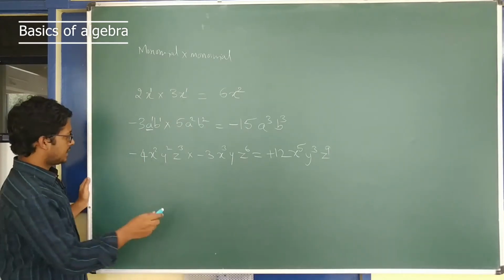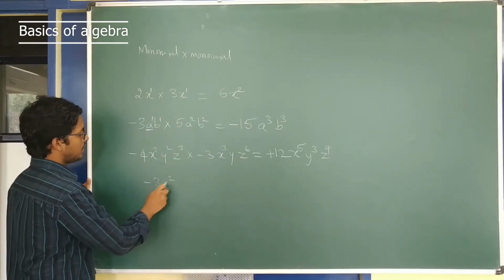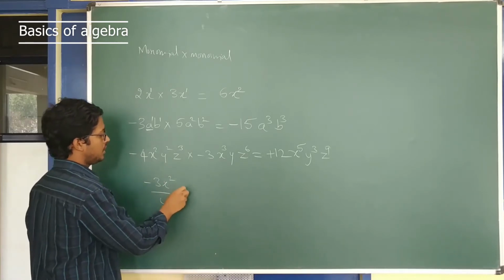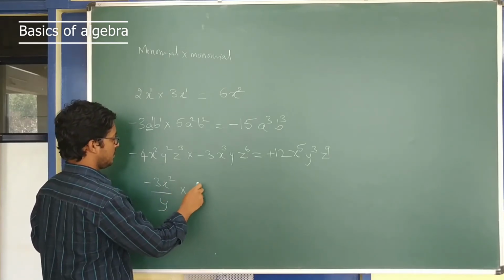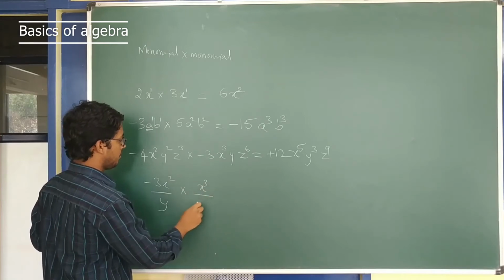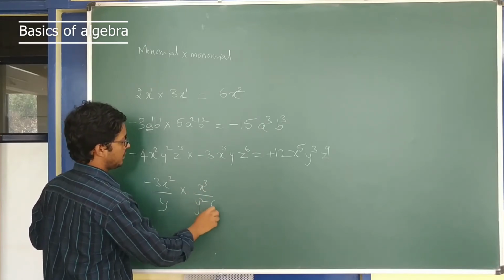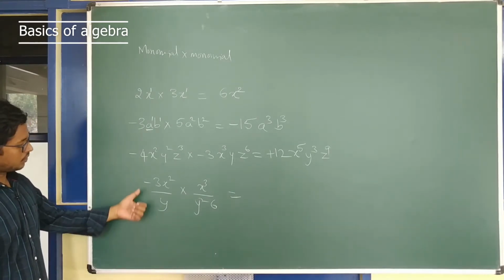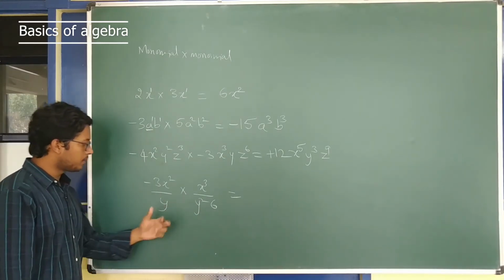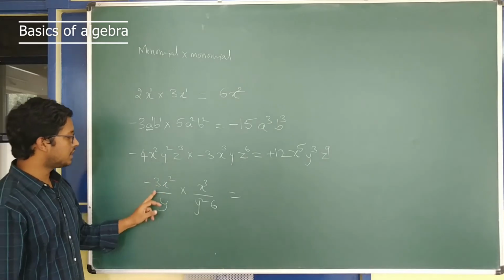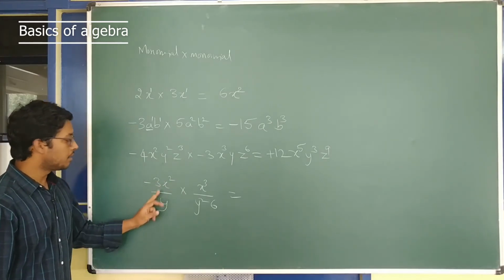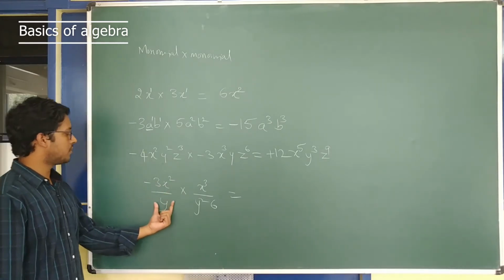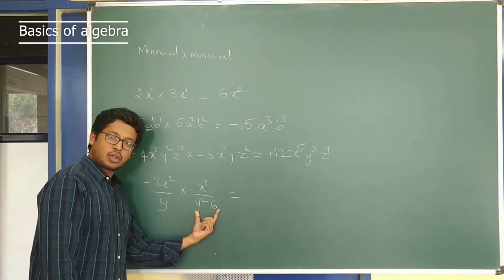Okay, let us take another example, minus 3x square by y into x cube by y square into 6. Now how do we multiply? Again, this is a monomial because all the variables and numerical terms are separated by into or division. So it is a monomial. This is also a monomial.